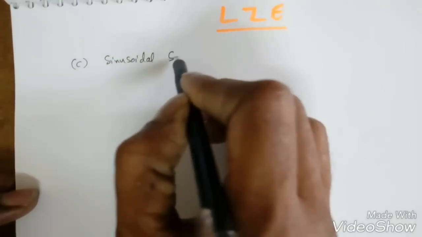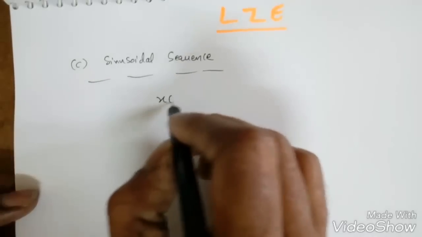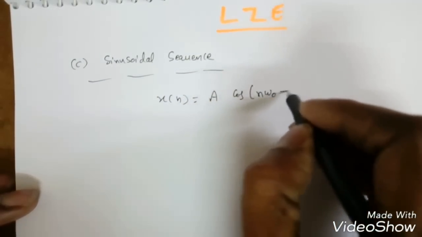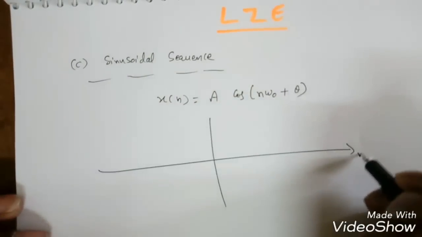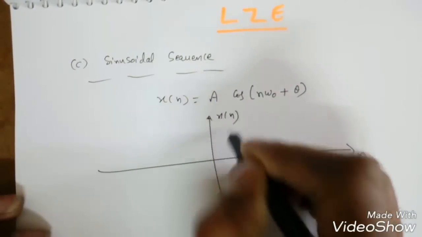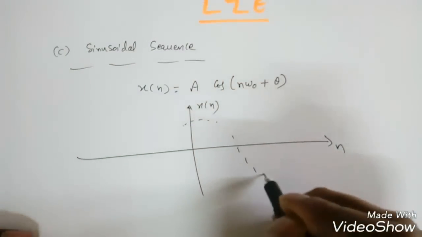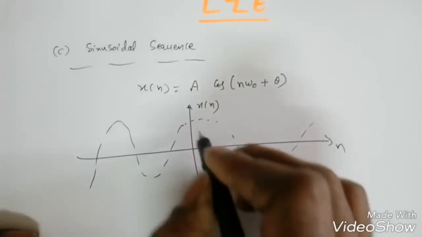Sinusoidal sequence, right? So x of n is equal to a cos(n omega naught plus theta), right? It's a very simple drawing. This is x of n, so it's a cos function, so I will draw dotted lines first, then we will make a sequence, right?